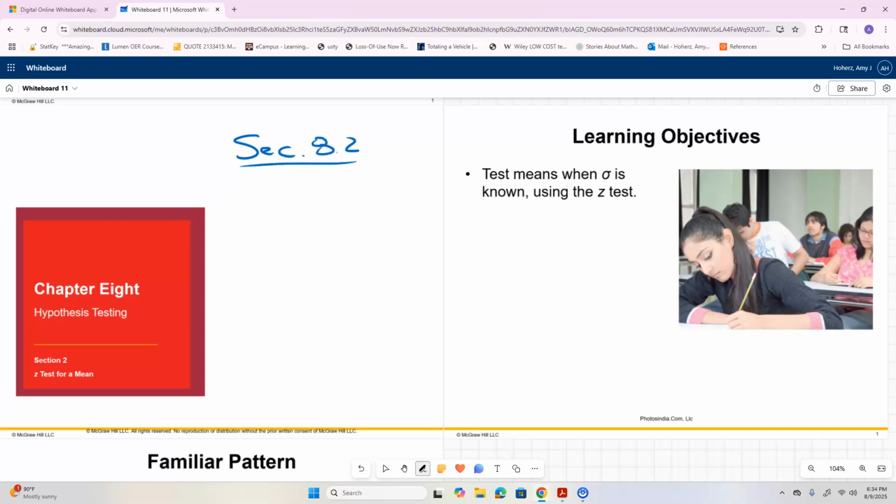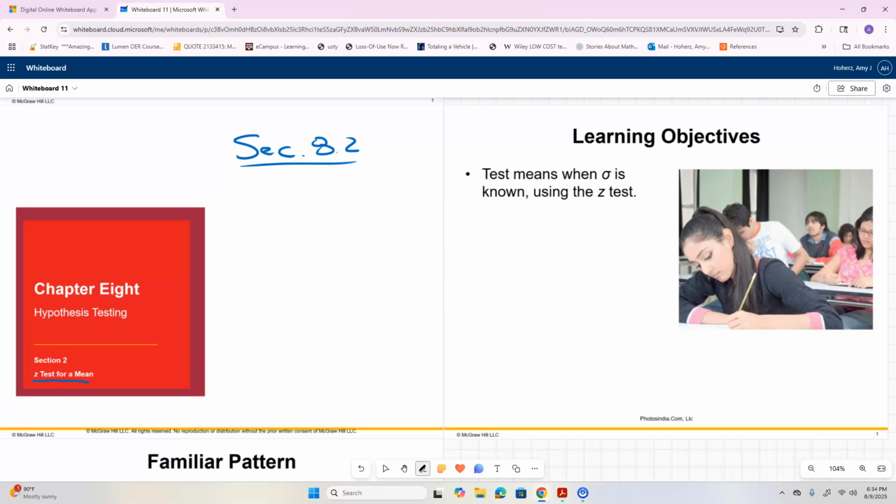we're going to be doing the first type of hypothesis testing, which is doing a z-test for the mean. Just like in chapter 7, we are going to have 3 different types of hypothesis testing. We're going to be doing a test for the mean where we have the population standard deviation.